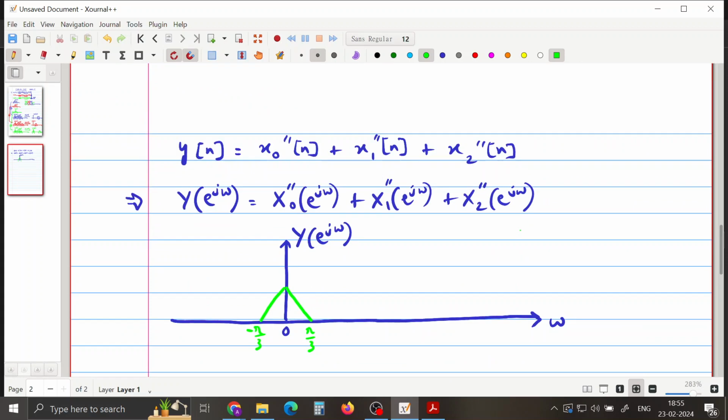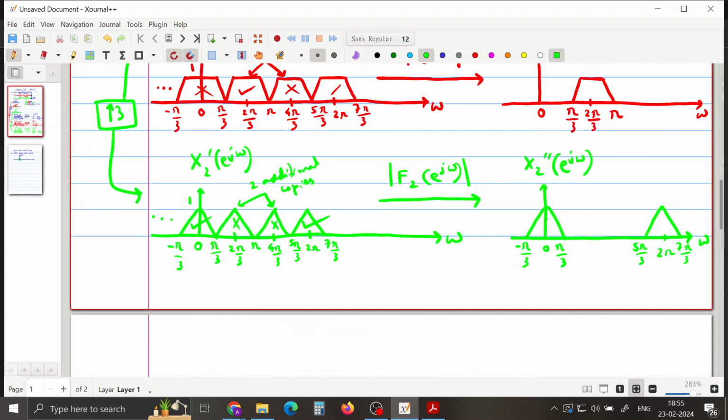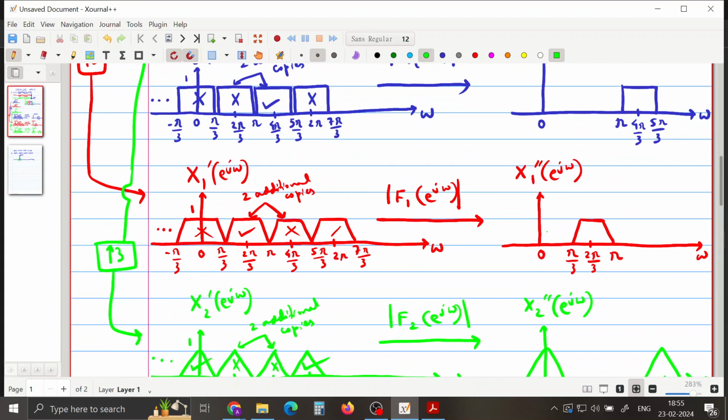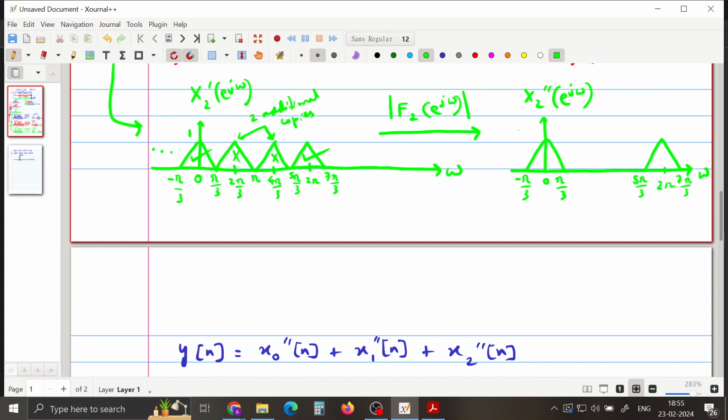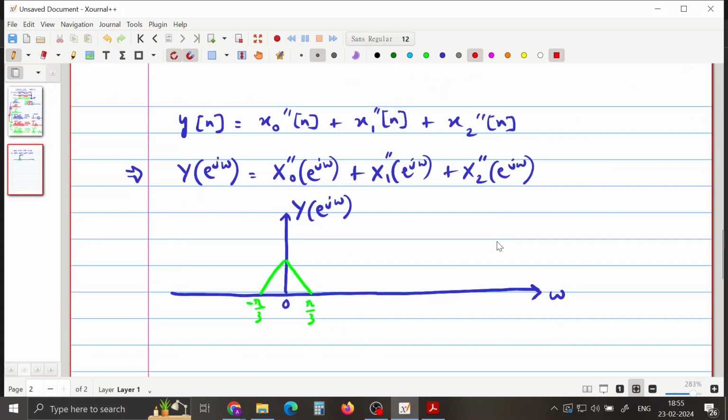Okay, so I'll draw it later. The following part comes from x1 double prime, which is from pi by 3 to pi in red color. So I'll do that. Where is the red color? Okay, and that is the trapezoid part.